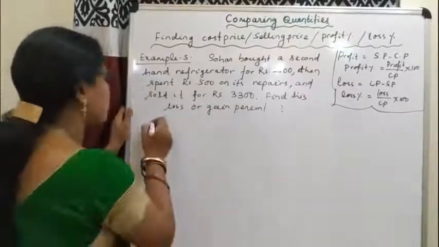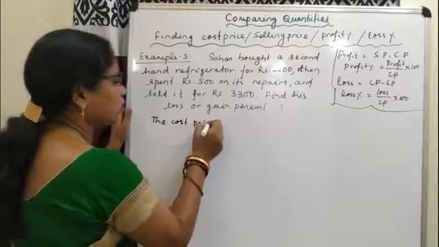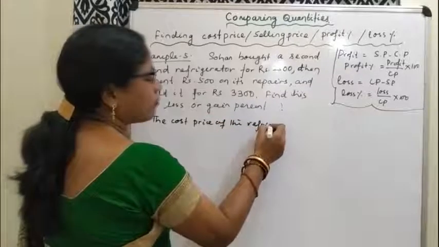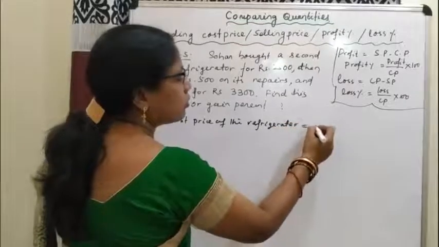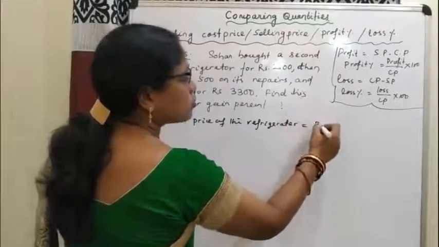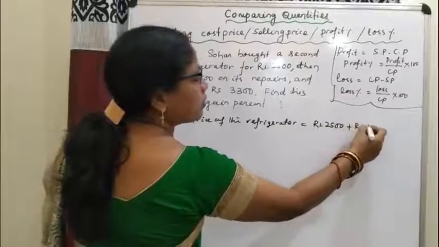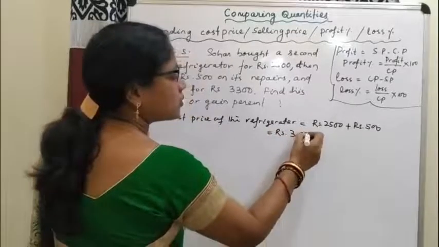So the cost price of the refrigerator is equal to rupees 2500 plus rupees 500. So this is equal to rupees 3000.